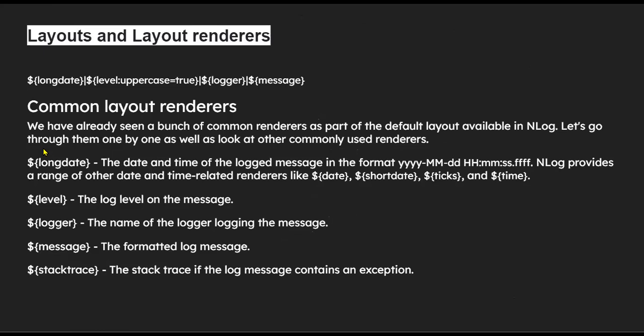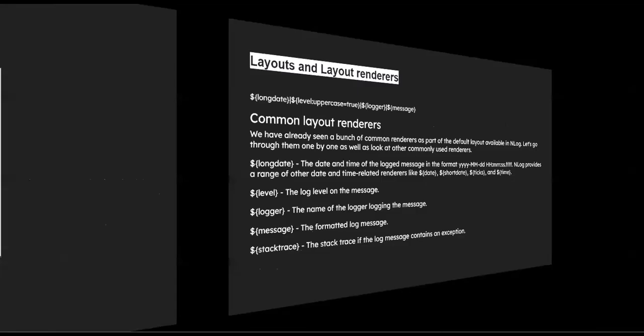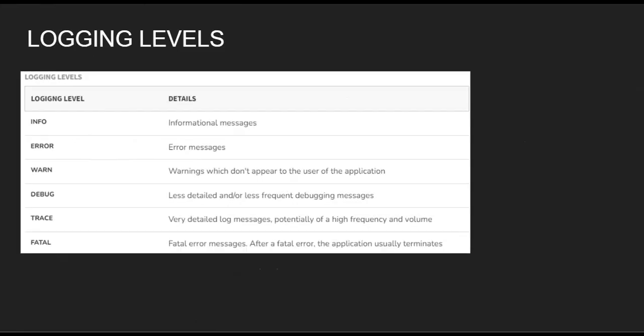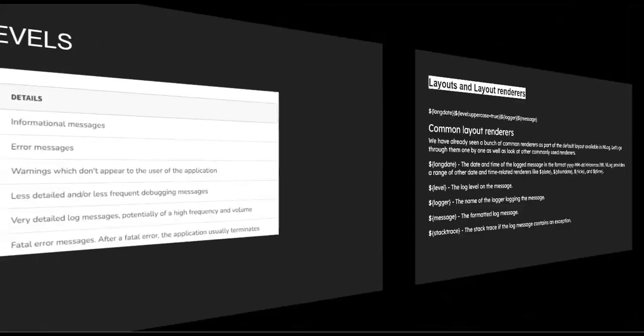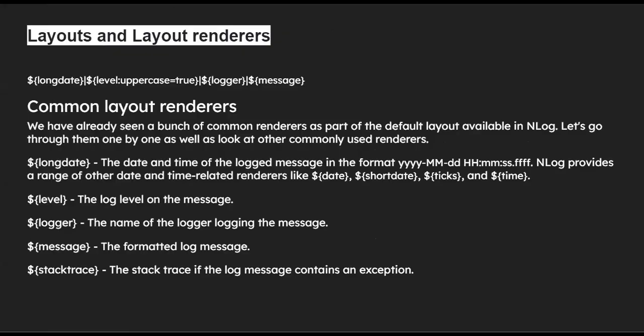So what are the configurations? In the previous slide we saw the log level messages, the logging levels. How do we use them? We have a layout and layout renderers.